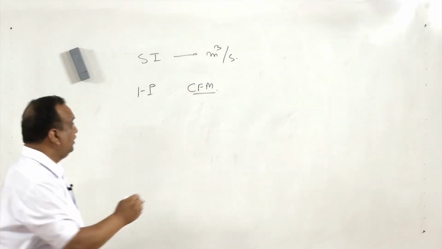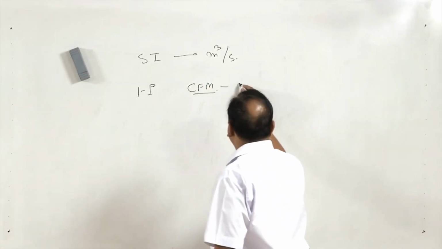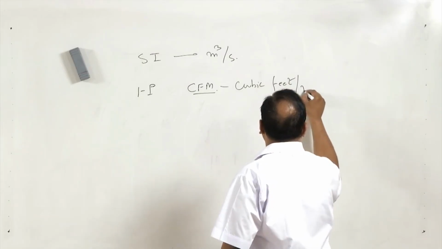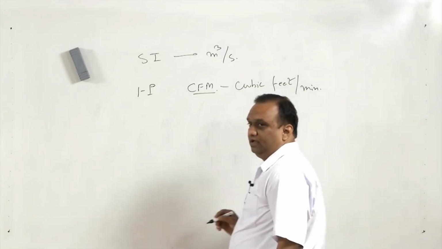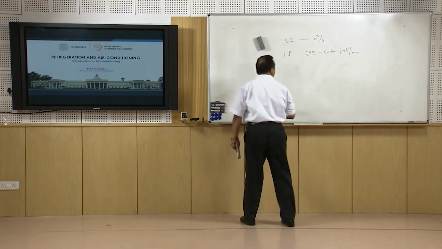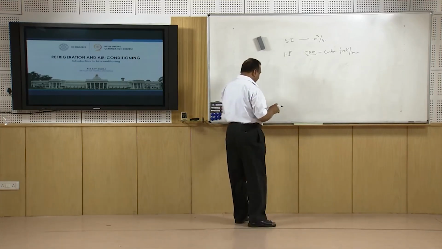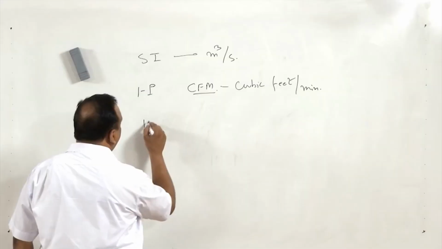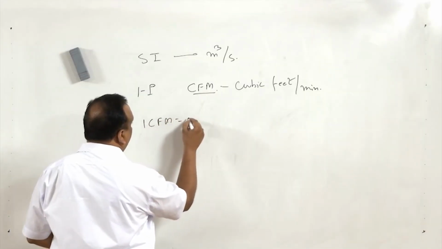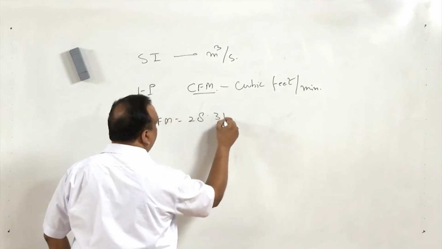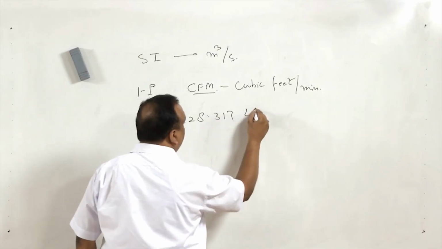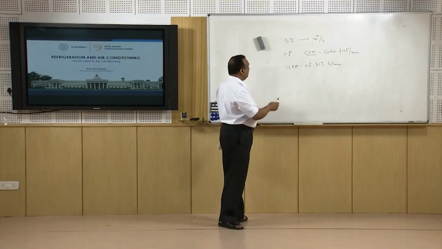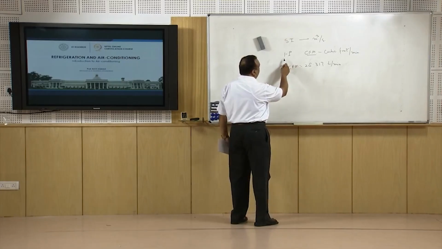CFM stands for cubic feet per minute. Now, if you convert this CFM into the liters per minute, it turns out to be 1 CFM is equal to 28.317 liters per minute.